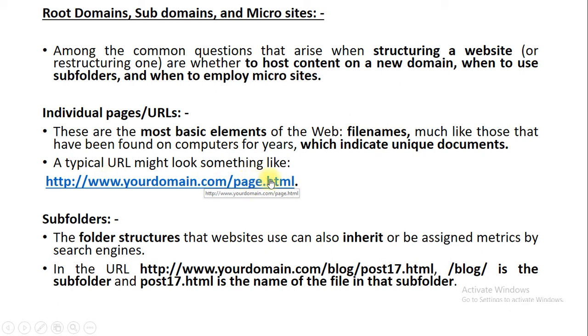So the file name must be unique in this case, right? So you need to be careful while you are using URLs or while you are going to create individual pages for the website. At that time the pages must be created uniquely, or they can be identified uniquely on the server. Next is called subfolder.